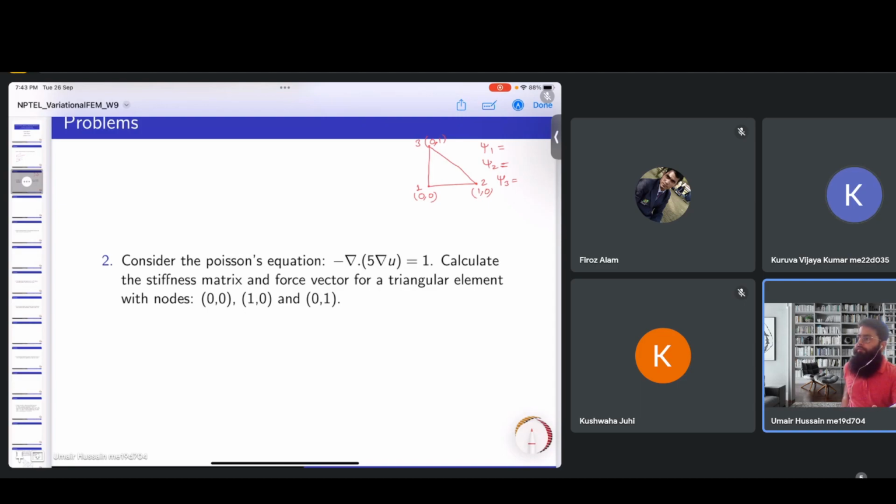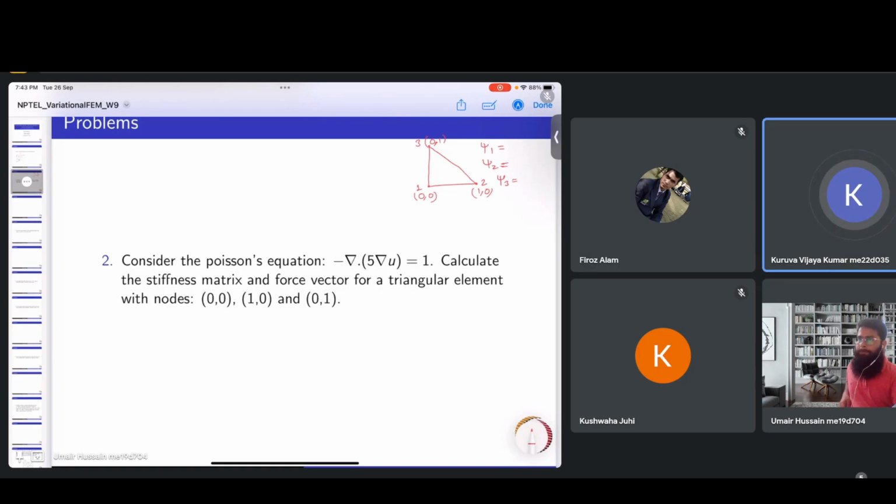Or do you want me to derive them? I hope we don't need to derive them now. We have done it a couple of times.